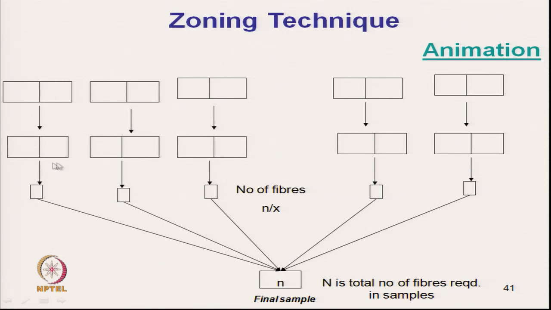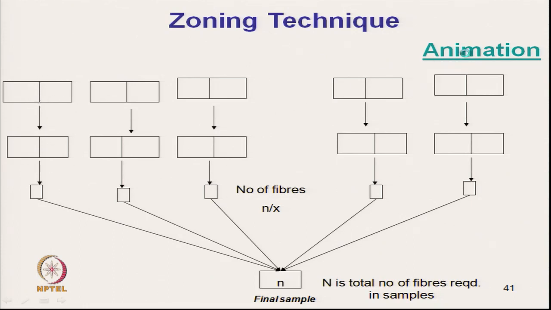Finally after several repetitions we get the final stuff, and then we mix these together. This is called the zoning technique, because we are taking from different zones, and after discarding every sample we are rotating it again.